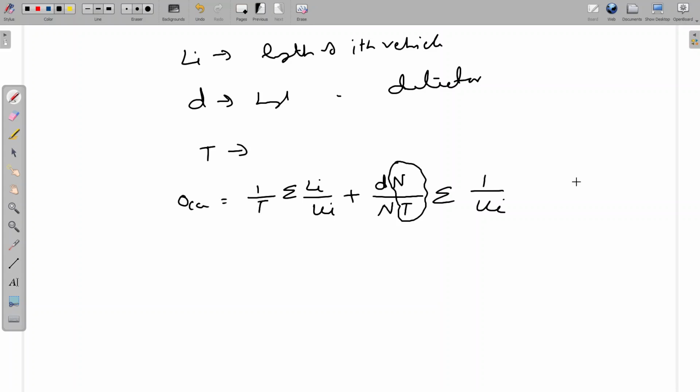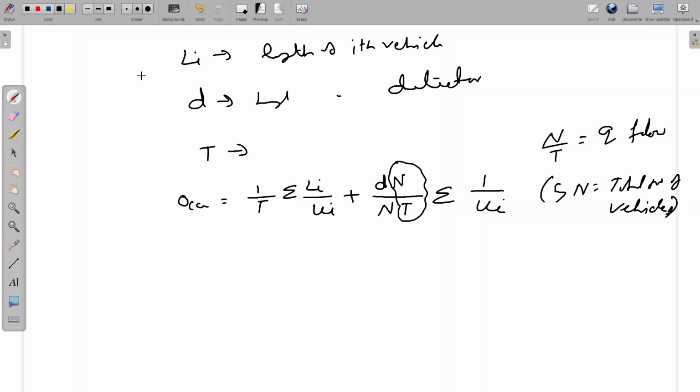That means I can substitute n by T as equal to flow, where n is the total number of vehicles.